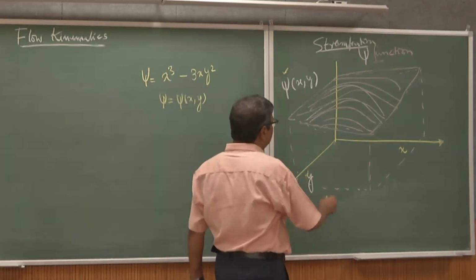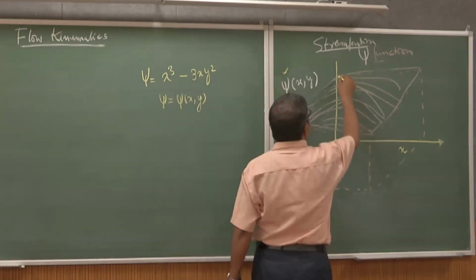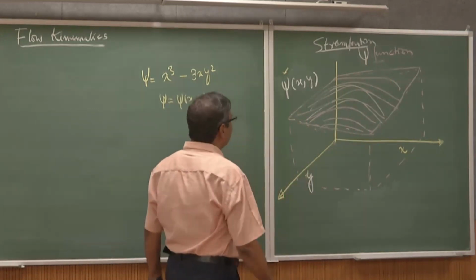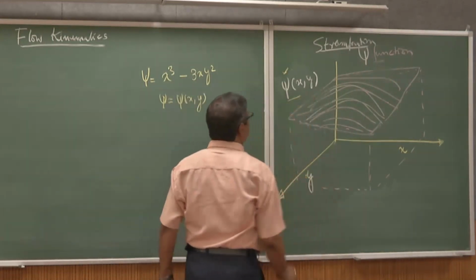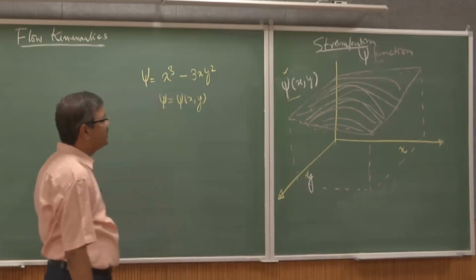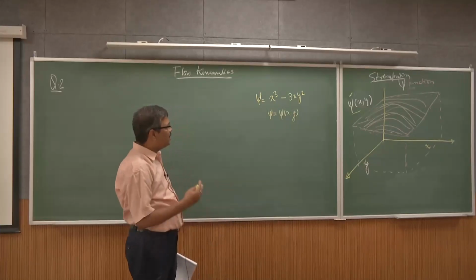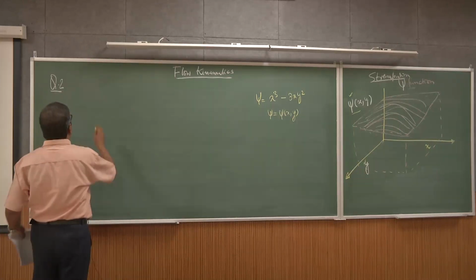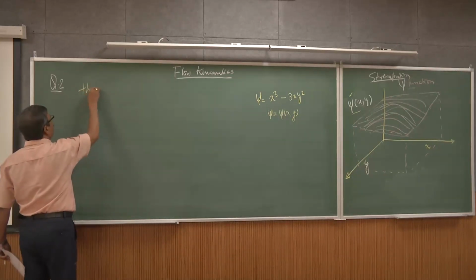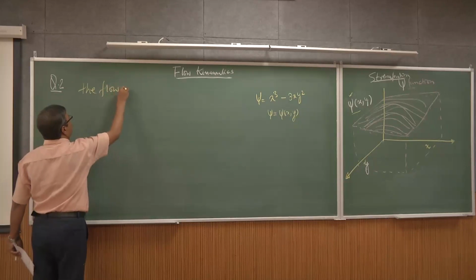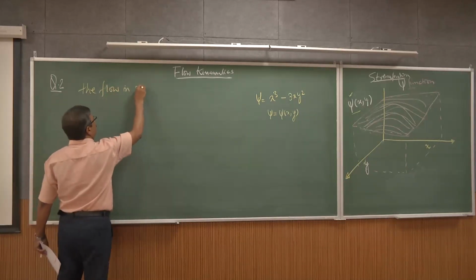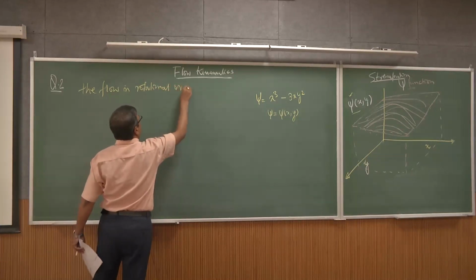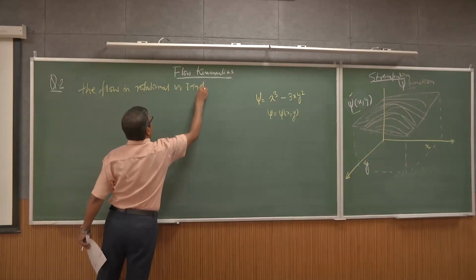That is what represents the stream function like this, and we try to find out whether the flow is rotational or irrotational.